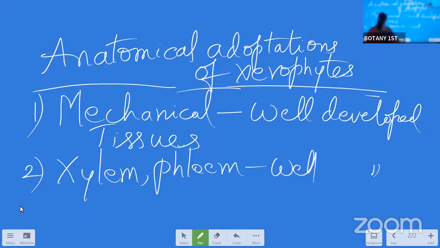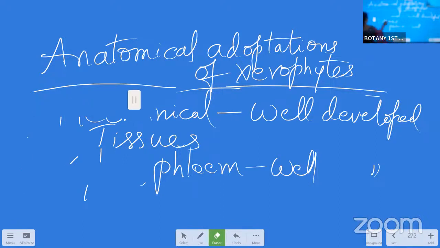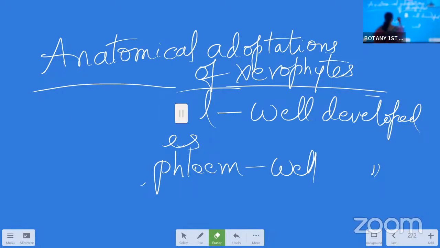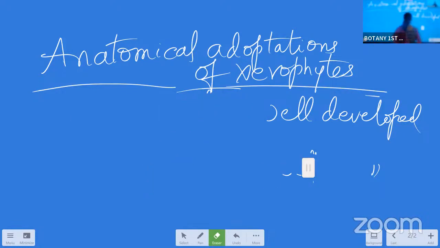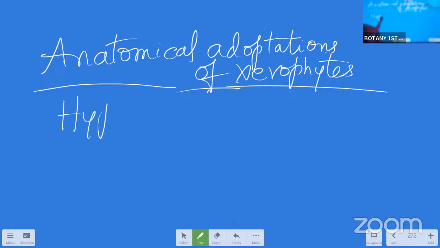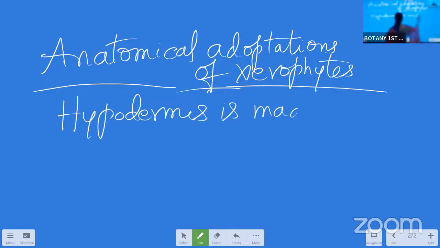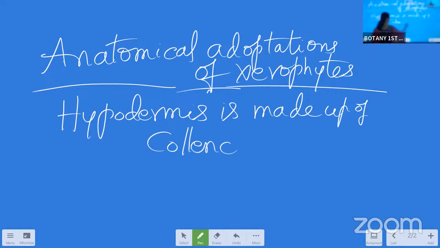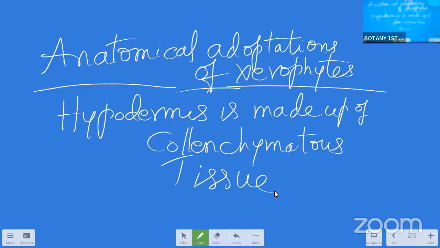And the next one is, hypodermis is made up of collenchymatous tissue. This is a mechanical tissue which gives mechanical support for the plant body.